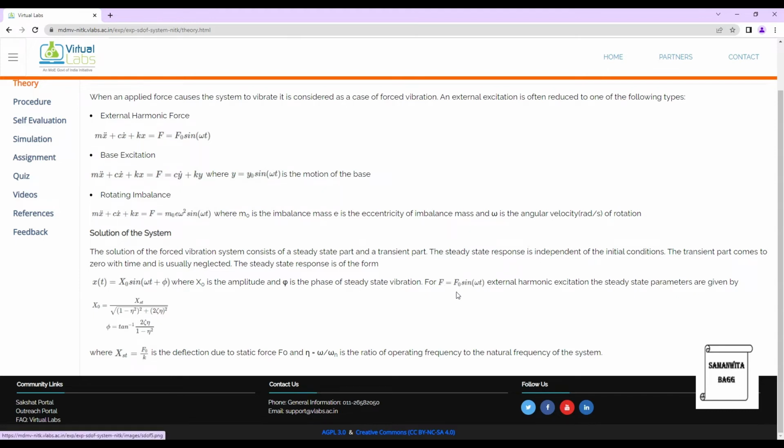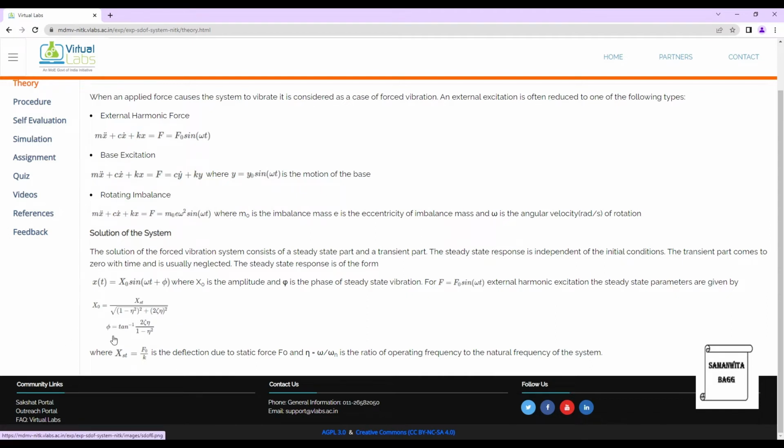For f equal to f naught sine omega t, external harmonic excitation, the steady state parameters are given by this: x naught is given by x st upon the root of (1 minus eta square) the whole square plus (2 zeta eta) the whole square.